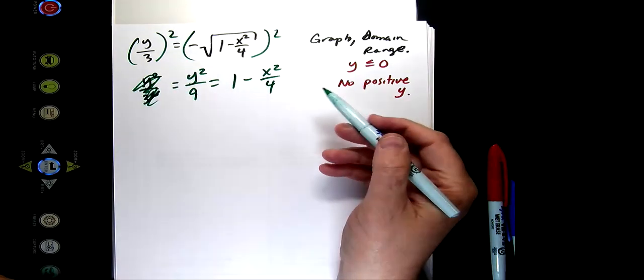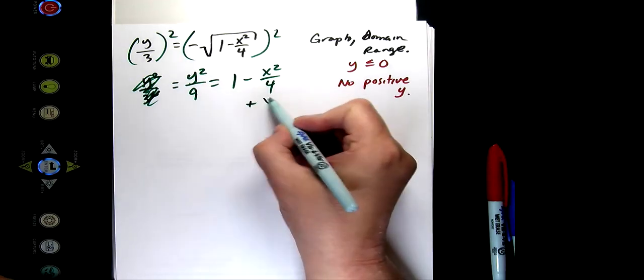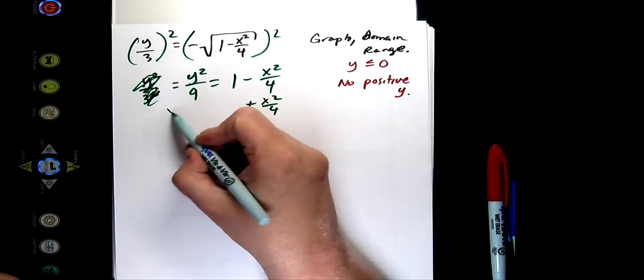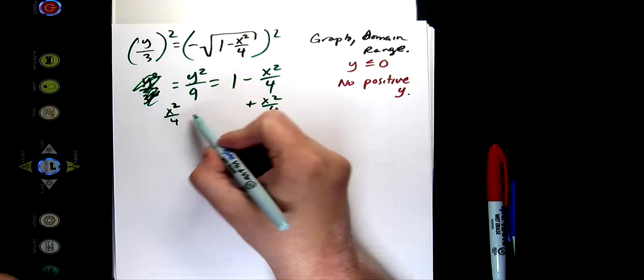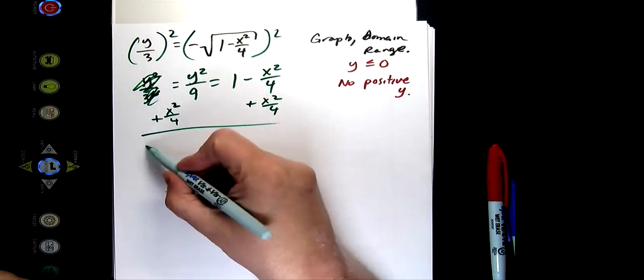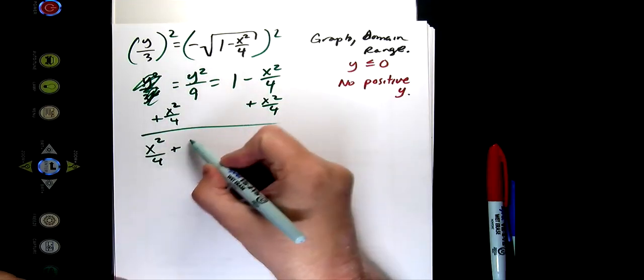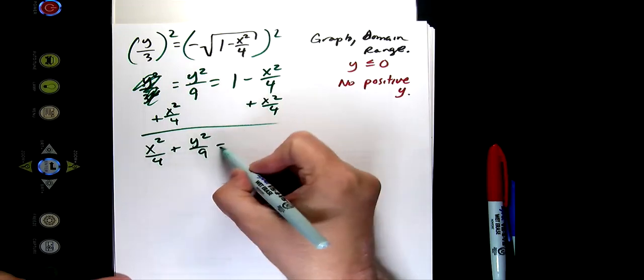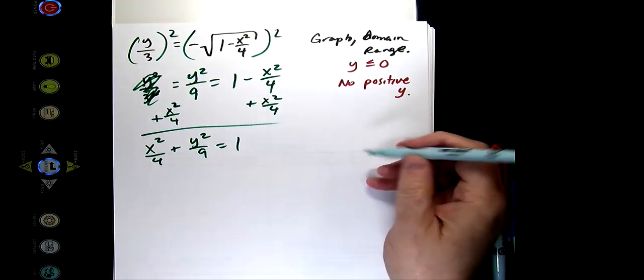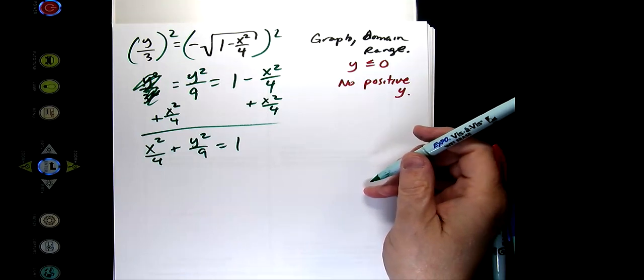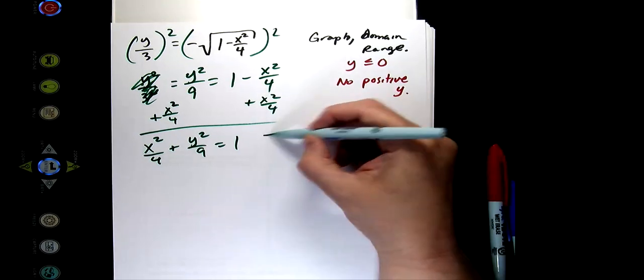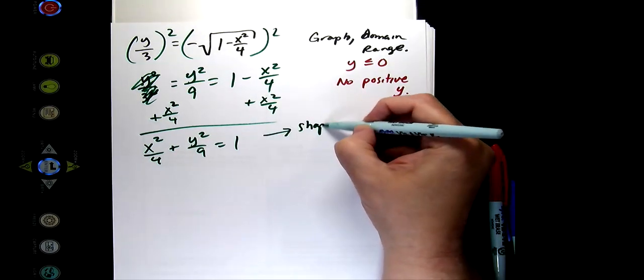And if I get everything on the same side, adding x squared over 4 to both sides, I get x squared over 4 plus y squared over 9 equals 1. Which tells me this is the shape of an ellipse.